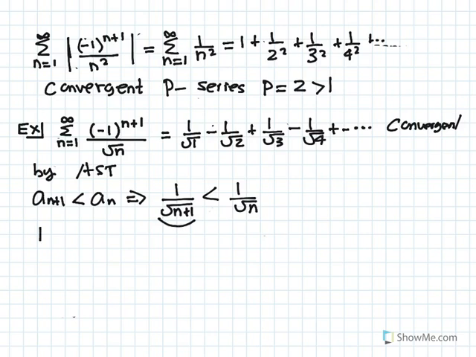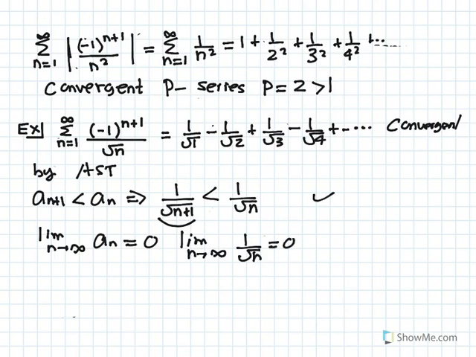The second condition: the limit as n approaches infinity of a sub n is equal to 0. So the limit as n approaches infinity of 1 divided by root n is equal to 0. Both conditions of the alternating series test are satisfied. So therefore, this series is convergent by the alternating series test.